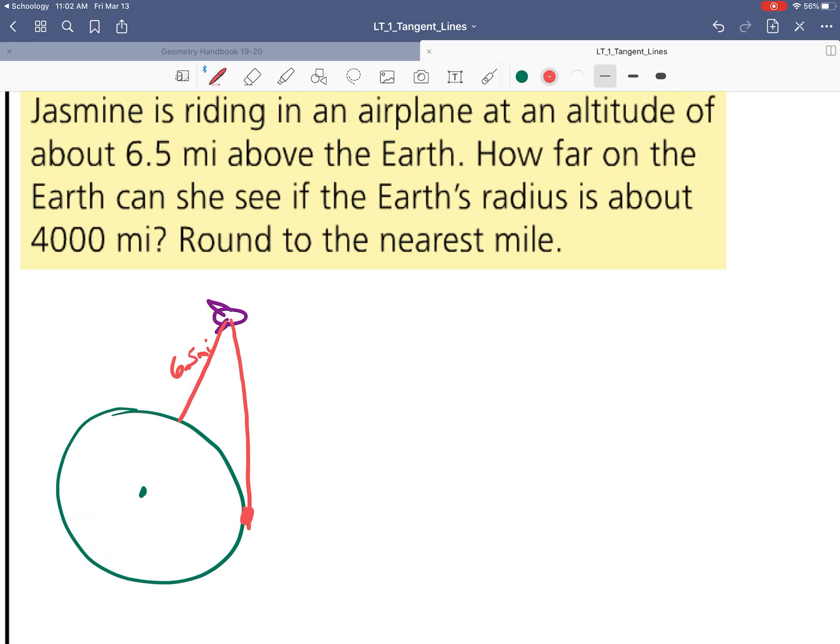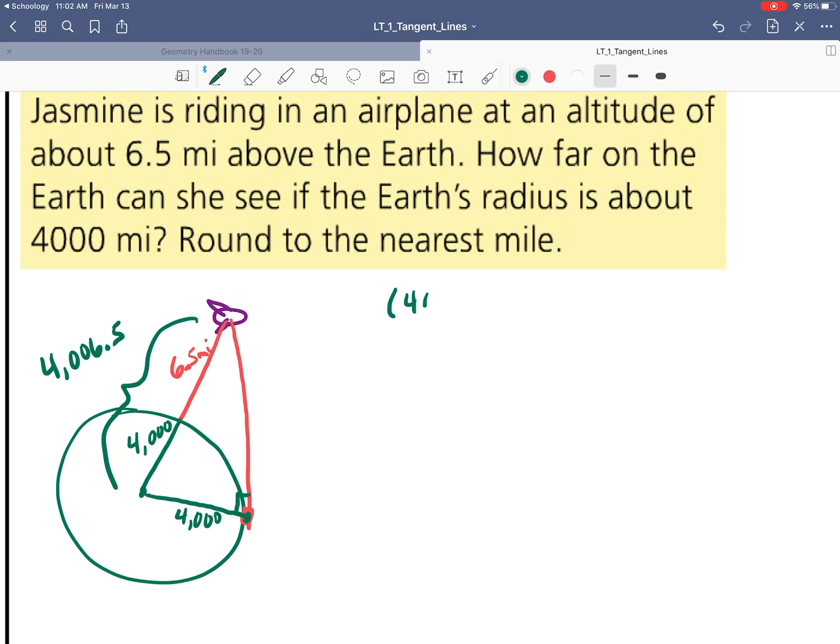And we know that the Earth's radius, which will be this, is 4,000. Which means this is also 4,000. And we have that this is a right angle because we had a tangent line, and at the point of tangency, any radius will hit it at a 90-degree angle. Now that allows us to create this right triangle where I know this length is 4,006.5, and this length is 4,000.